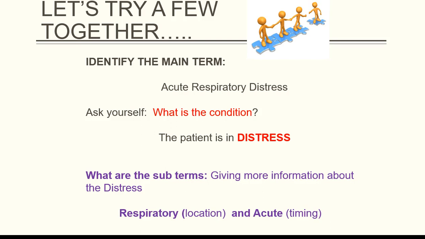And then we're going to want to look up the subterms, which just gives more information about distress. Now, the good thing about a video is you can pause me until you find distress, and then you can hit play again. So, the subterms that we'll be looking for under distress are respiratory, which is the location of the distress, and acute, which is the timing of the distress.